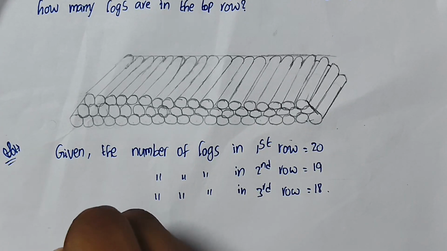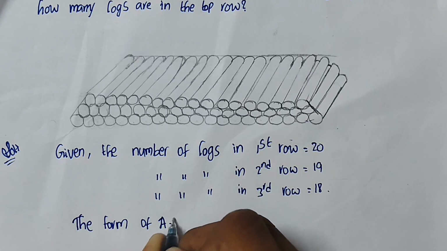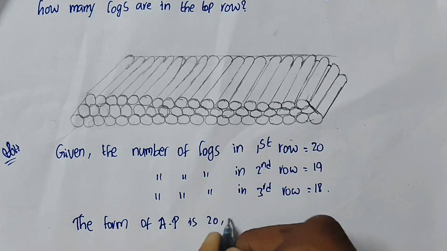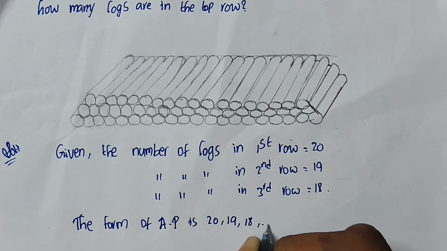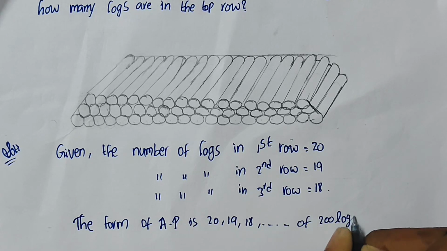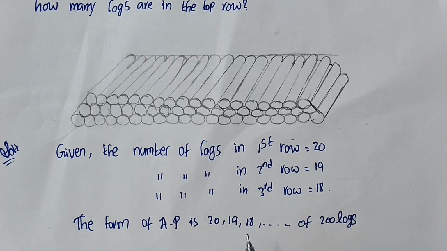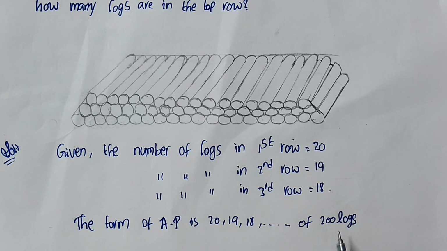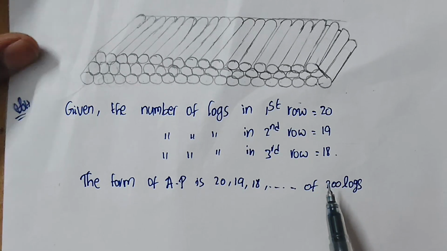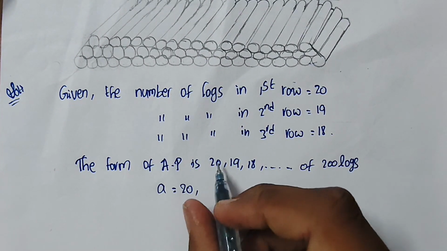So the form of AP is 20, 19, 18, and so on, of 200 logs. That means the sum of the number of logs in all these rows is equal to 200 logs. So I am writing here, therefore a is equal to 20, the first term of the AP.